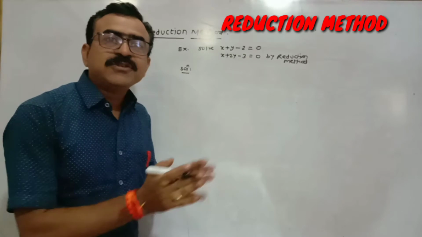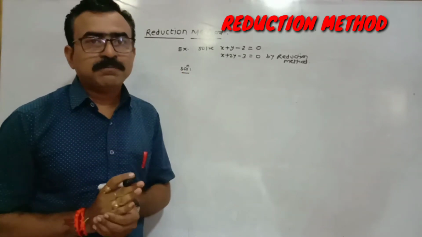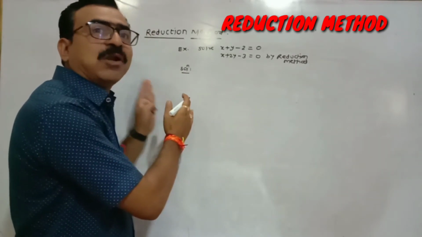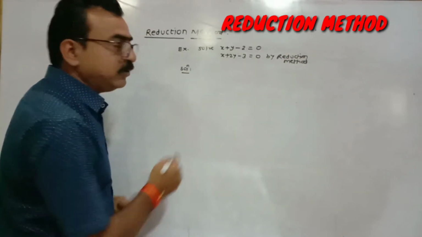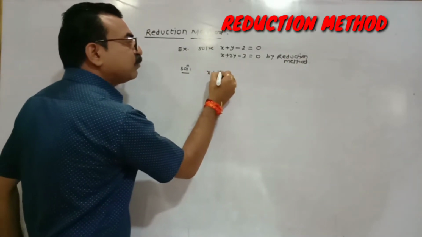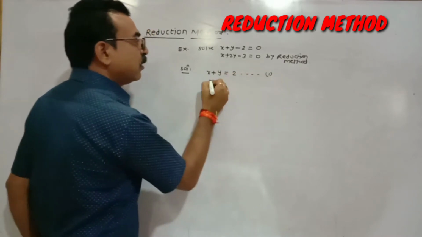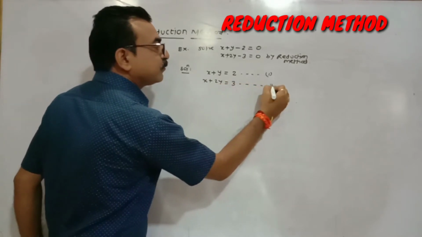Your first rule is write down the given linear equation in a standard form. Means you have to write down all the term of x and y on left hand side and constant term on right hand side. Understood? So x plus y is equal to 2. X plus 2y is equal to 3.